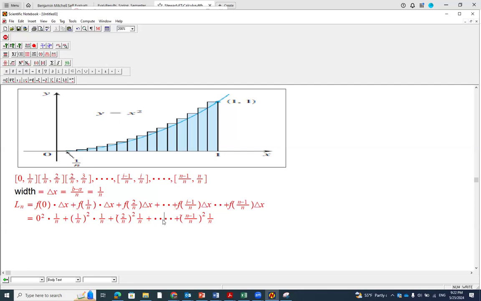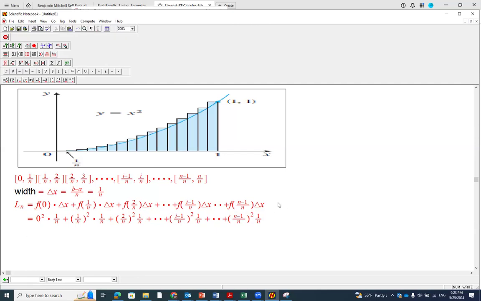So in the middle, the ith term would be ((i minus 1) over n) squared, multiplied by 1 over n. Okay, so we have the ith term represented.